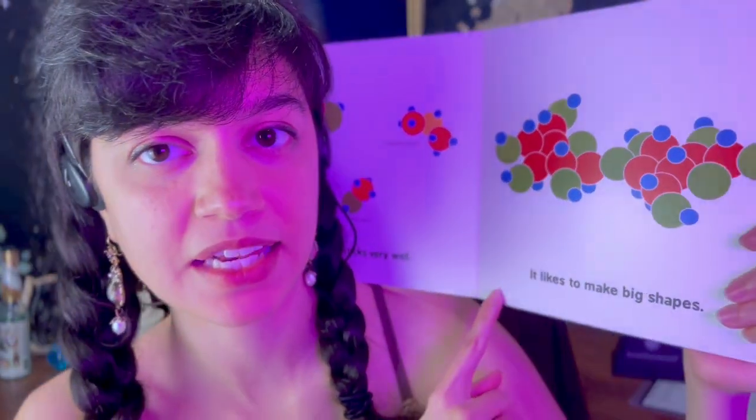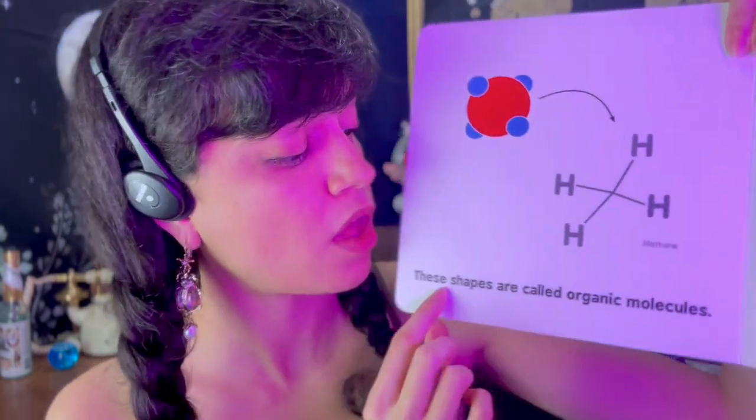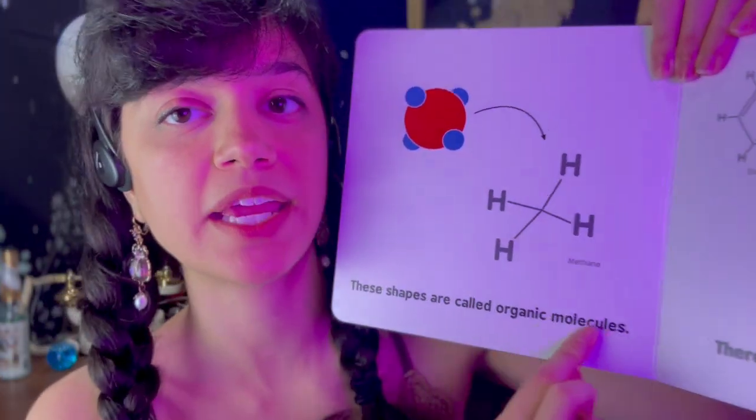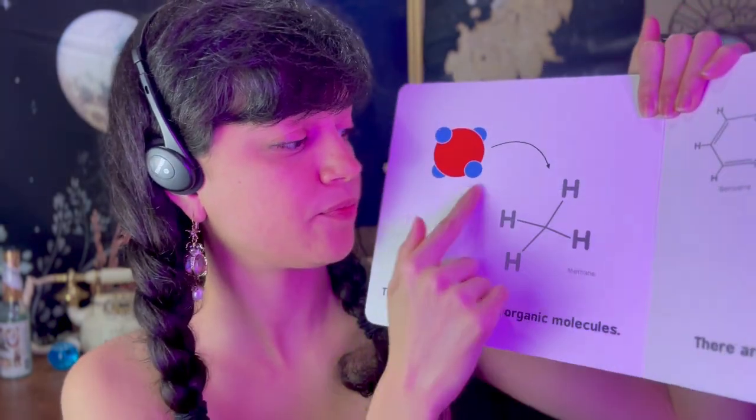And carbon likes to make big shapes, all of these carbon atoms connected to atoms. These shapes are called organic molecules.